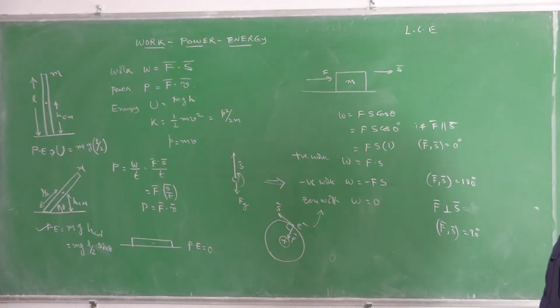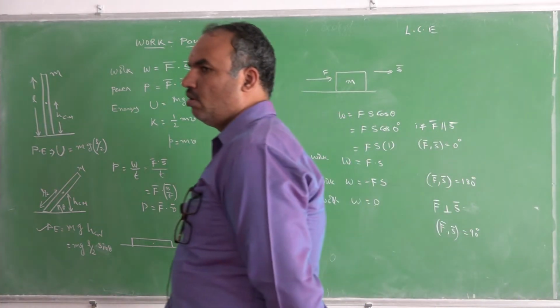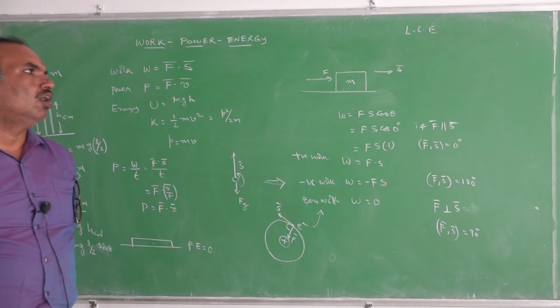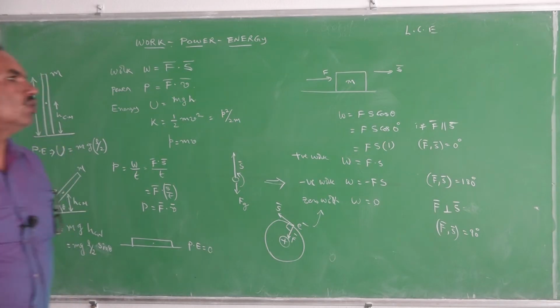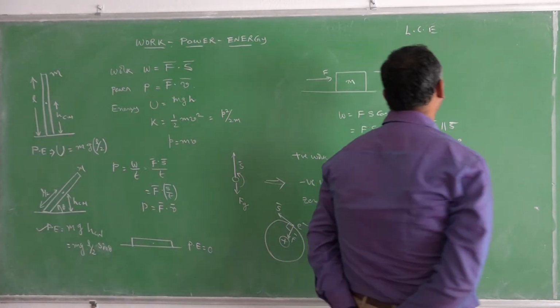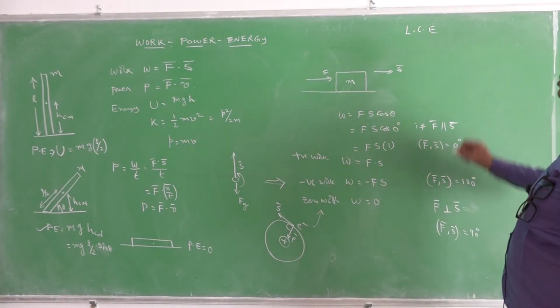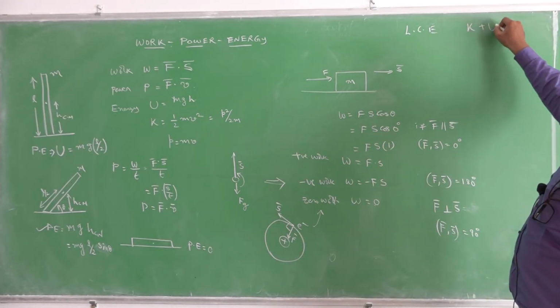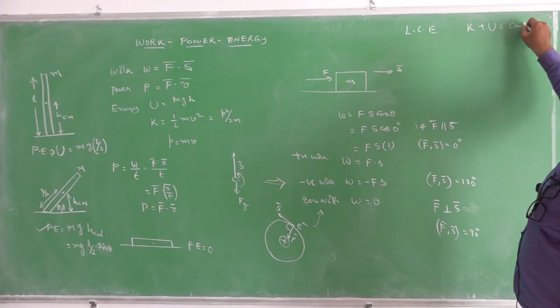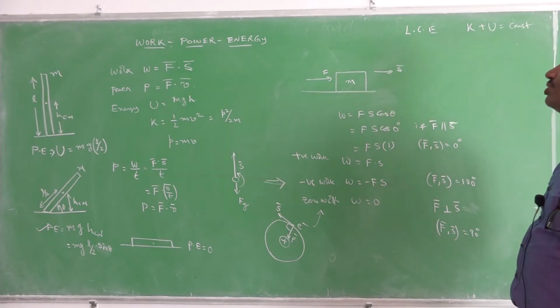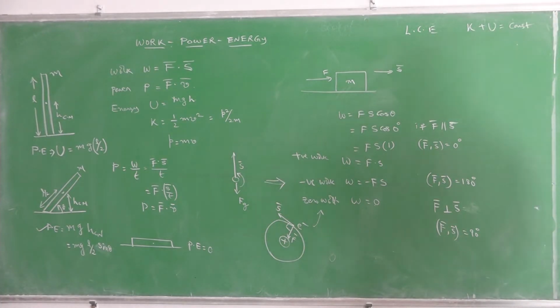According to the law of conservation of energy, the total energy of the system is always conserved. That means the kinetic energy plus potential energy of the system is always conserved. Conserved means constant. We use this law for solving various problems.